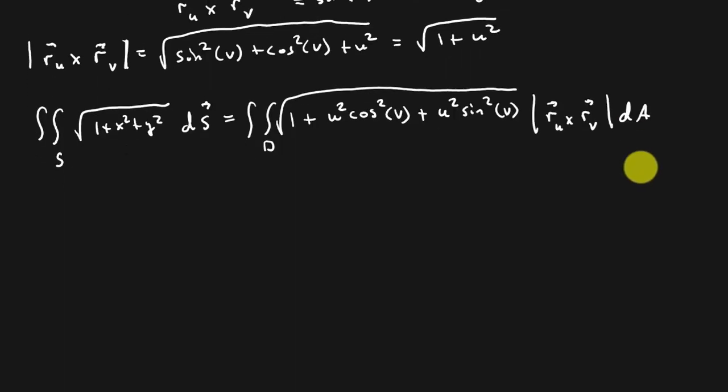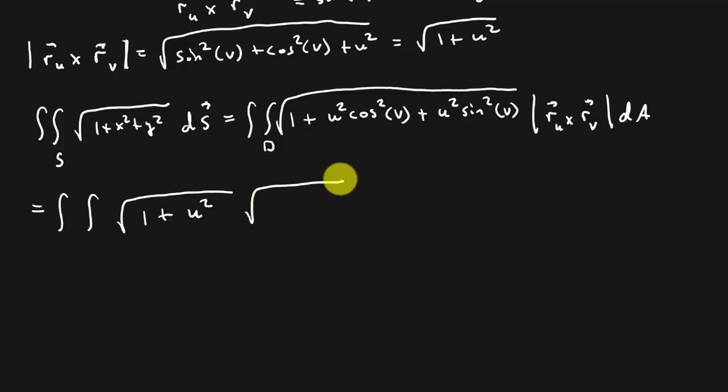All right, so now let's go ahead and set this up. This is going to be the square root of 1 plus u squared. If we factor out a u squared, we're left with cosine squared plus sine squared, which is 1.